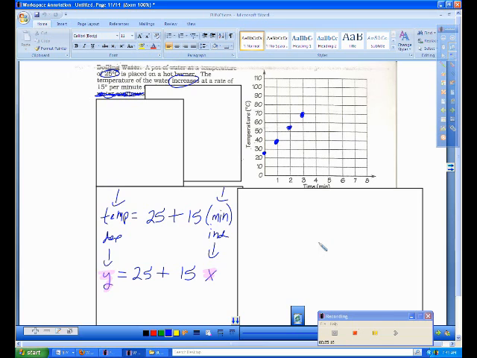Now, do I connect and make this a line graph, or do I leave it as a scatter plot? Well, remember, if I connect, that means that all the values in between each data point are possible. Well, can you have half of a minute? Sure, you can have half a minute. We do it all the time. We don't do things in full minutes a lot of the time.